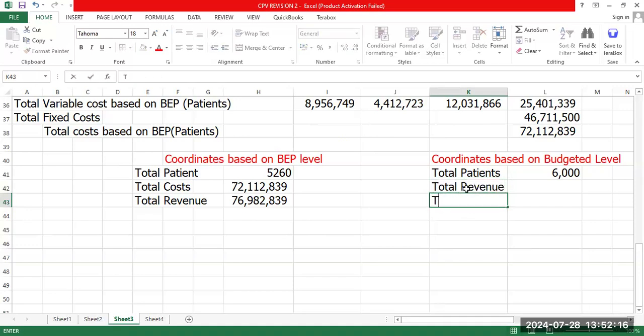You also need the total costs. Are you going to finalize everything? For total revenue and total costs, are you going to get?